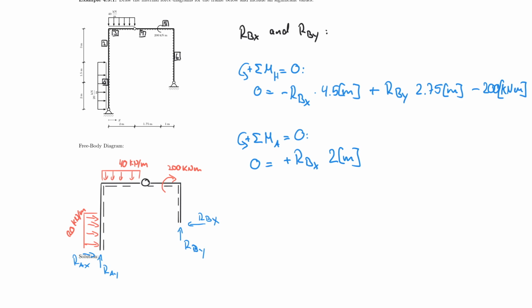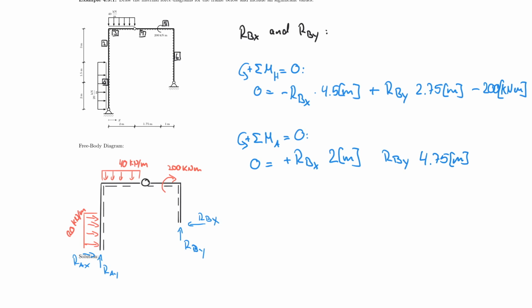Now I need to deal with RBY. RBY is acting upwards, so it's the distance in a horizontal fashion, the entire length down here, which would be 4.75. So times 4.75.